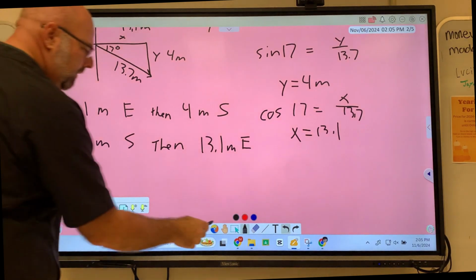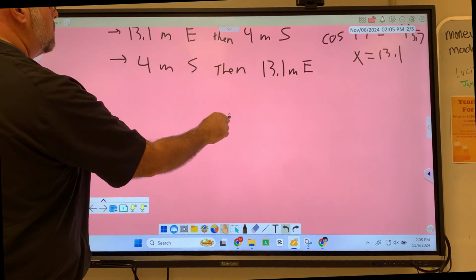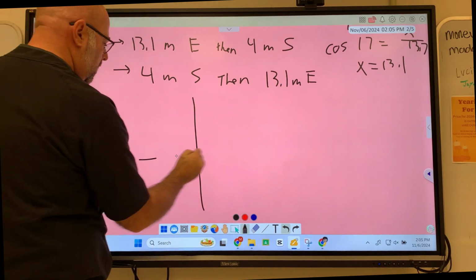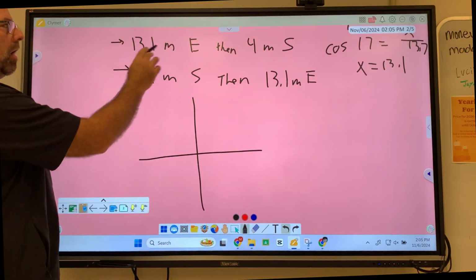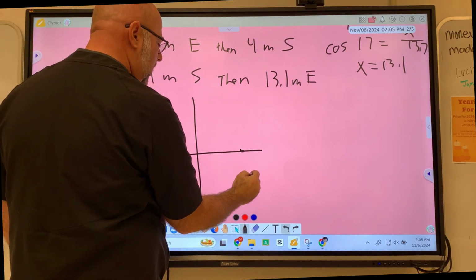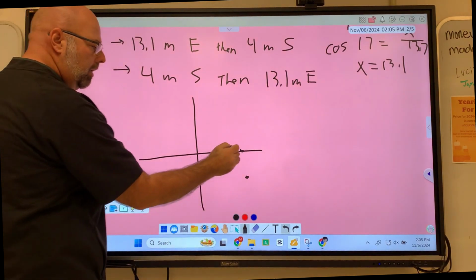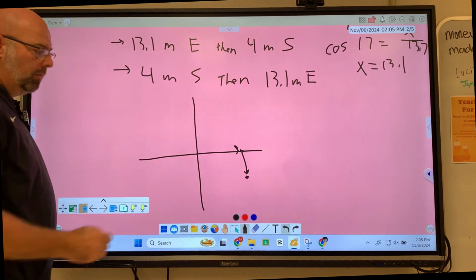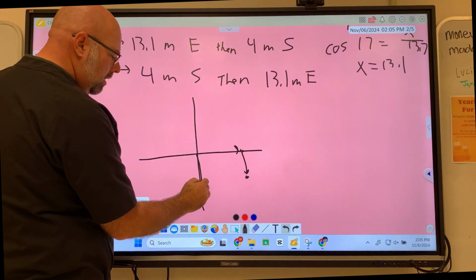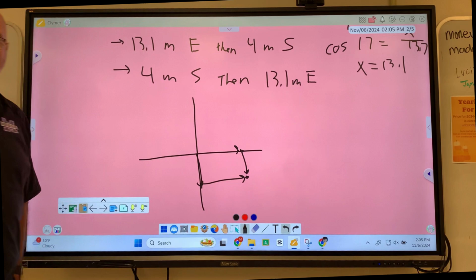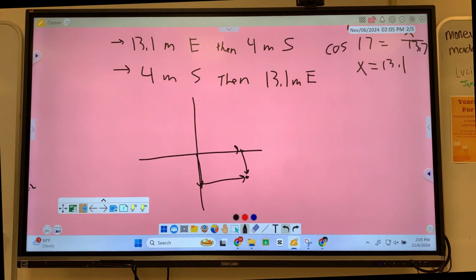Let's see if that works. So let's play make-believe that this is our scenario here. If we go east, then we go south. So we go east to here, and then south to here. We end up there. What if we do the opposite? What if we go south first, and then go the same distance east? We end up at the same exact spot.